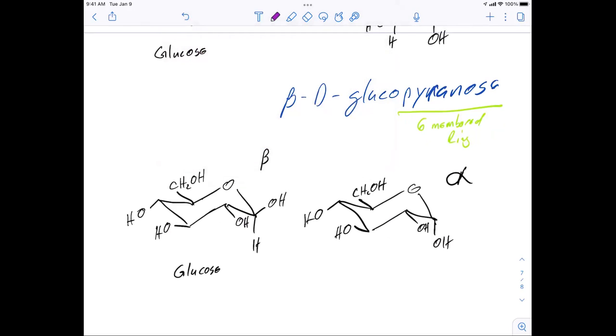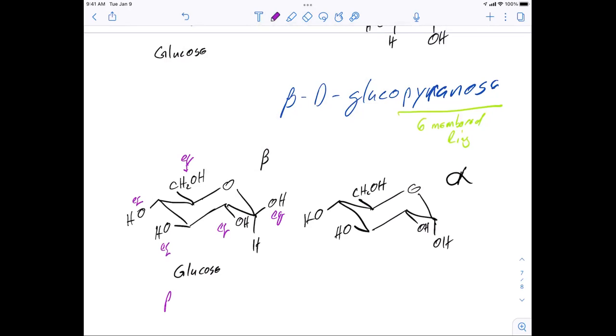Now, the important thing to think about here is if we look at each of these positions, what is that position? When we think about chair conformations, remember all the way back to chair conformations, what was the important distinction? Whether it was equatorial or axial, right? So we had axial and equatorial. So here what we need to think about is what position these are in. So if we look at my CH2OH, that's in the equatorial, right? My OH here is in the equatorial, this OH is in the equatorial, this OH is in the equatorial, and that OH is in the equatorial.